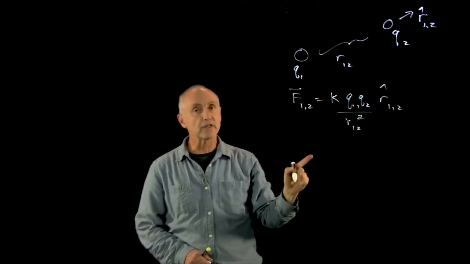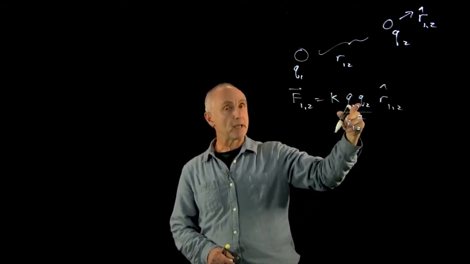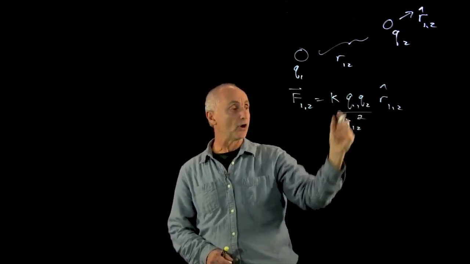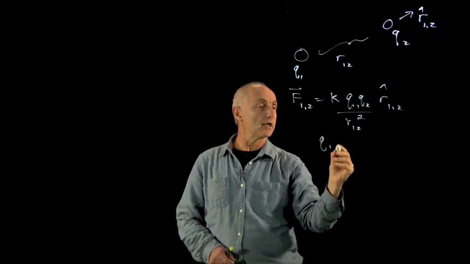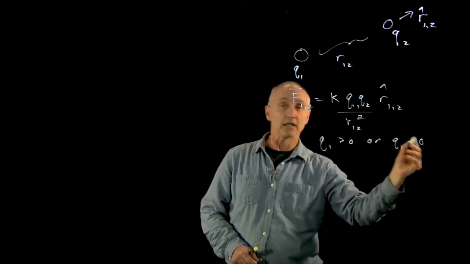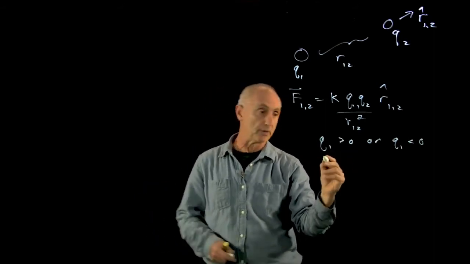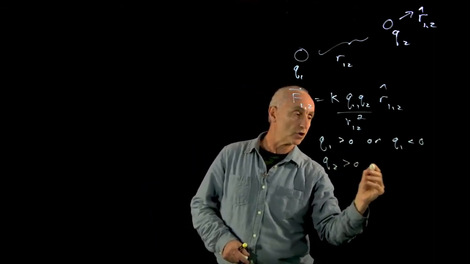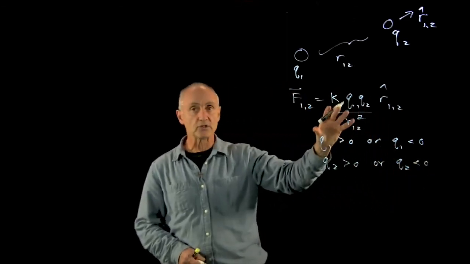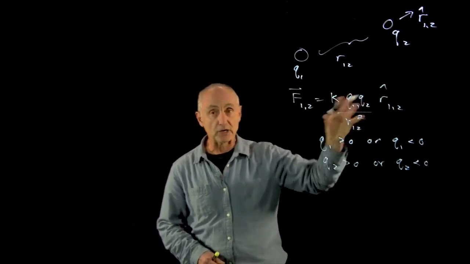Now, one of the interesting things here is that both the like charges repel and opposite charges attract are built into this law because q1 can be either positive or negative. Charges can be both positive and negative, the electron negative, proton positive, likewise with charge 2. And so we can handle all of those cases with a sign built into this expression.